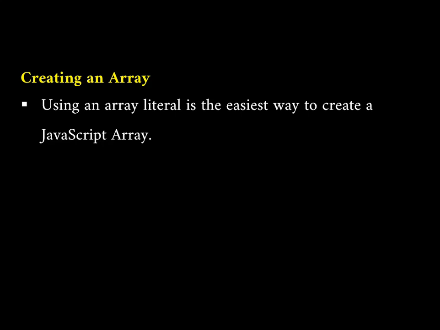Now, creating an array. How can you create an array? Using an array literal is the easiest way to create a JavaScript array. The syntax is very important. Whenever you are learning anything, it has a syntax, like a formula having syntax or grammar.